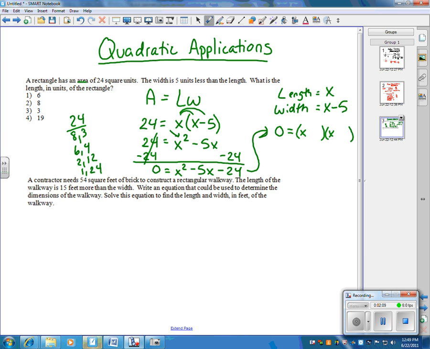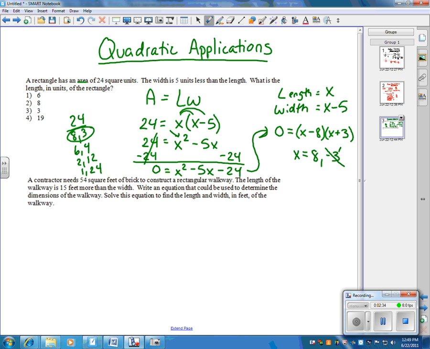Now the only way I'm going to get a 5 is with 8 and 3 though. So 8 and 3 are going to be my numbers. Now because I want a negative 5 with 8 and 3, my bigger number is going to have to be negative. Negative 8, positive 3. That means that x is going to be the opposites, 8 or negative 3.